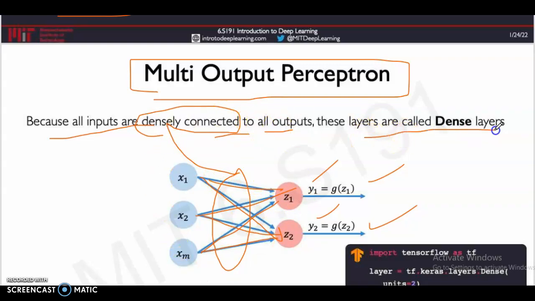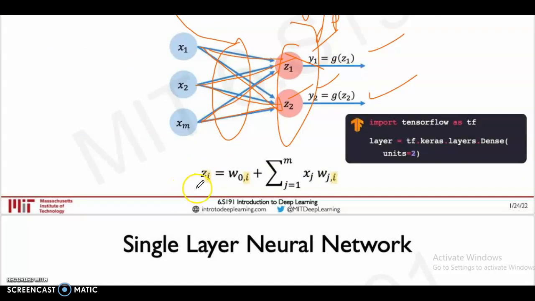These layers are called dense layers. If we calculate Z1, here is Z1; if calculating Z2, here is Z2.